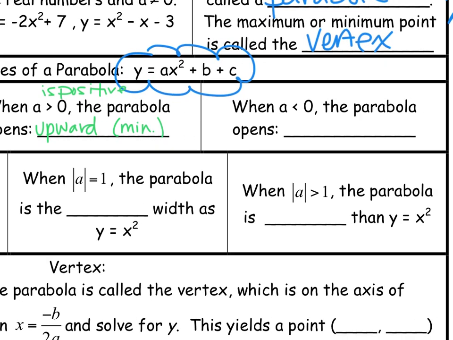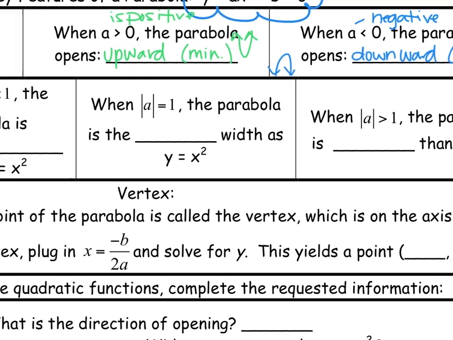If the coefficient of x squared, this a right here, is negative, which means it's less than 0, then our parabola is going to open downward. And in that case, it's going to have a high point or a high vertex, and we call that a maximum. So the negative will give us a parabola that opens this way. A positive a in front of x squared will give us a parabola that opens upward, or that way.